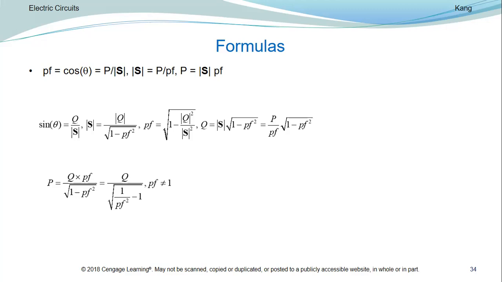Again, for the P value, it will be equal to Q multiplied by the power factor. The power factor will be multiplied and divided on both sides, so it will be PF square in the denominator. After the elaboration, we can find the value of P for my system.